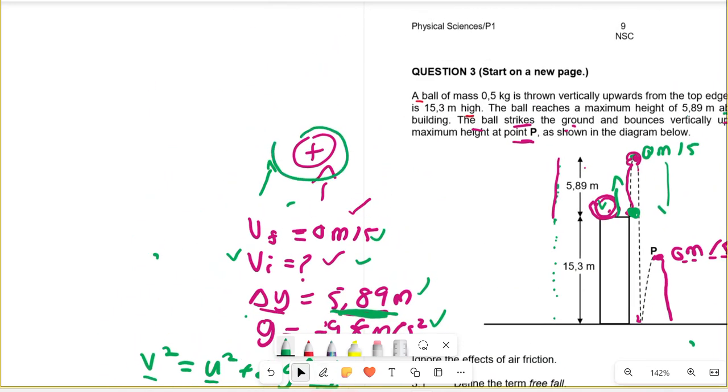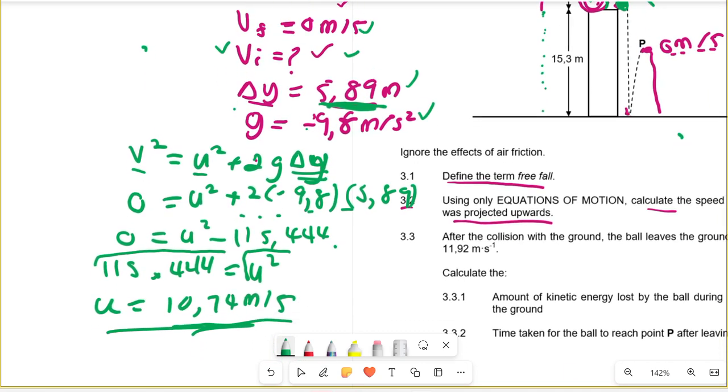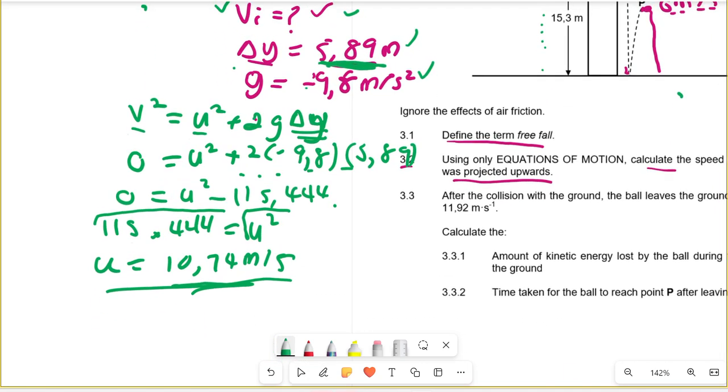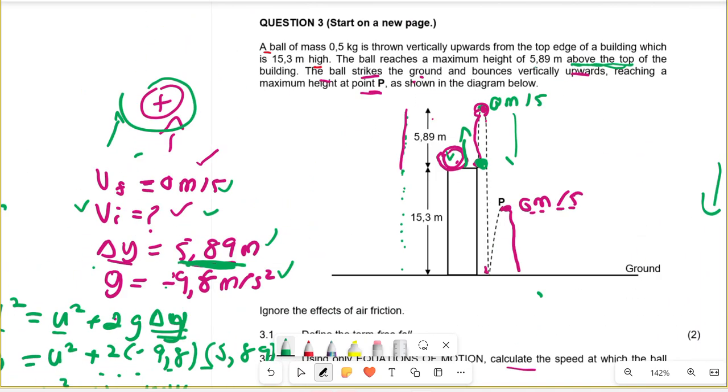Some of you might have done this. You might have looked at it this way, taking this as the initial velocity at the top, the 0, and then this as the final velocity. Remember that the velocity that the ball leaves the building with at this spot is the same as the velocity at which it passes this spot.